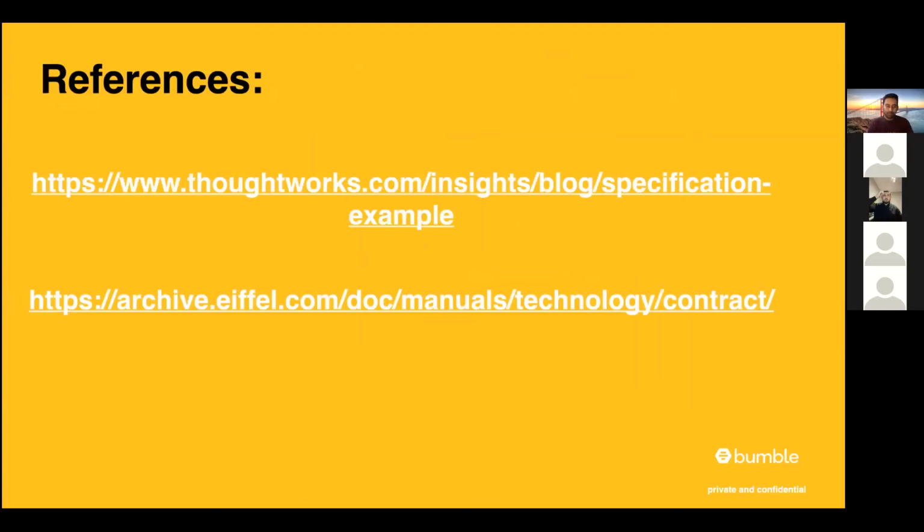I took a couple of references and I posted them here. One of them is specification by example, which is again a great topic to read, and the other one is design by contract, which also speaks about how creative we can be, and how crisp and clear our specifications can be when we apply the specification by example principle.